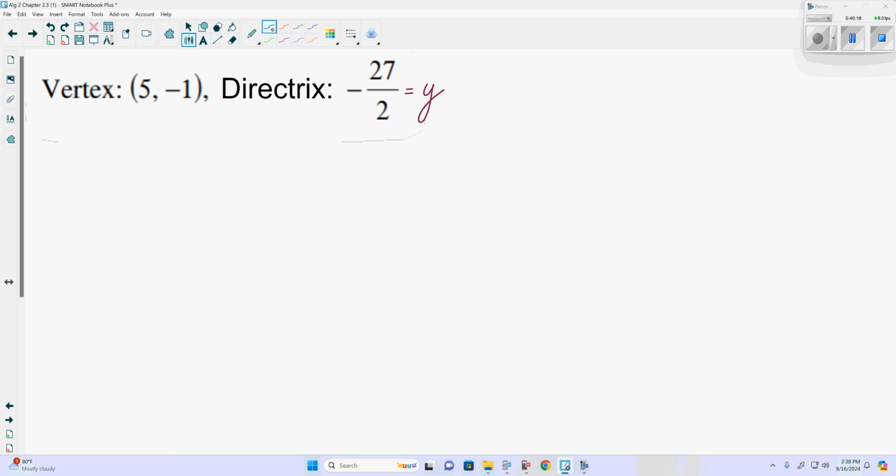Which means the general form for this here is y equals a times (x minus h) squared plus k. We still need to find the value of a, h, and k. We get these three values, and we have our equation.